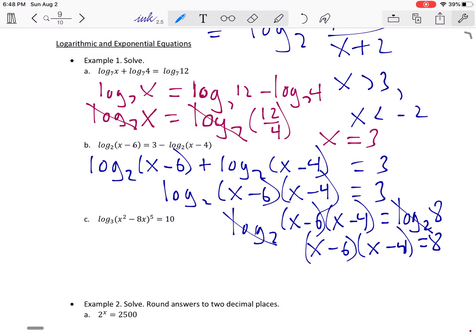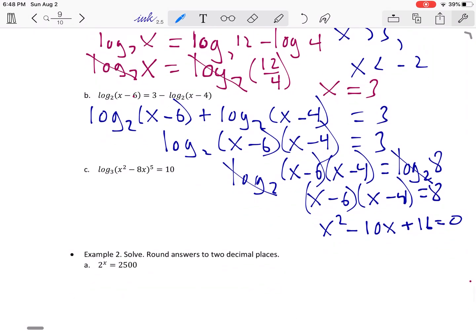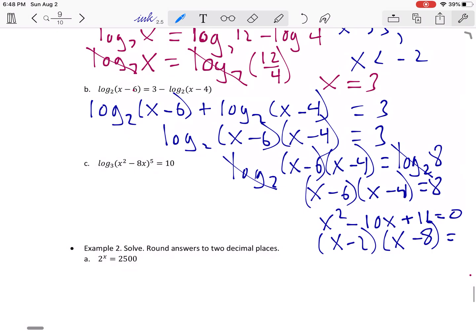After I do all that, that gives me x squared minus 10x plus 16 equals 0. Then I factor that, and I get (x minus 2)(x minus 8) equal to 0. And so x equals 2 and x equals 8.